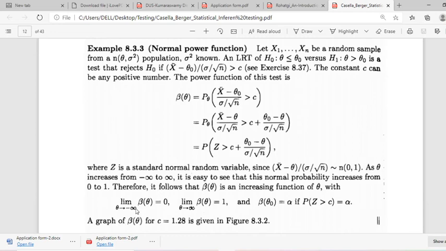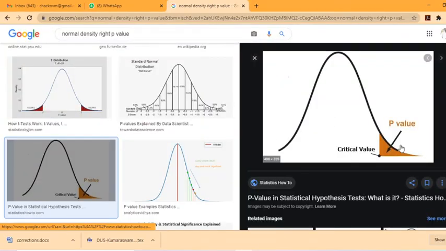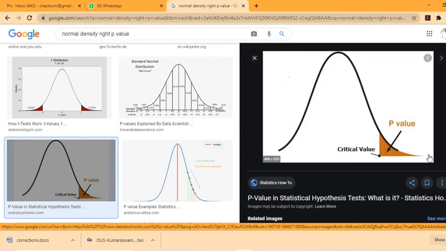If theta goes to minus infinity, then what happens? Here minus of theta, that is minus of minus infinity, is plus infinity. What is the value of Z greater than plus infinity? What is the area after this plus infinity?